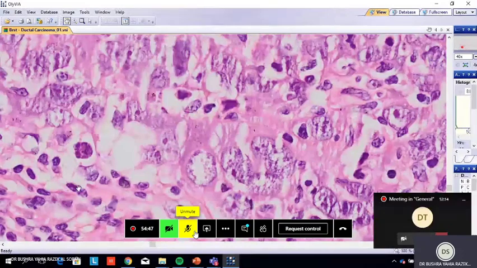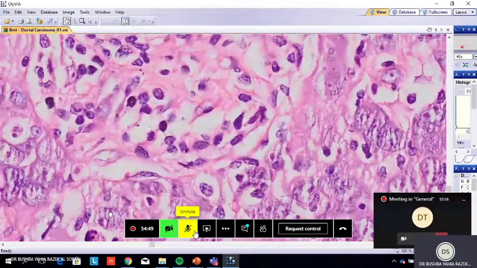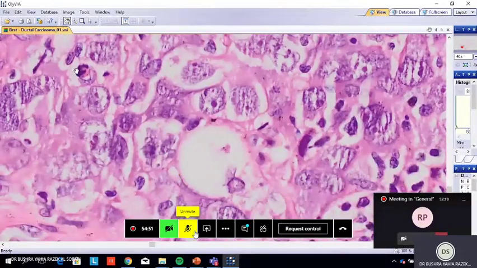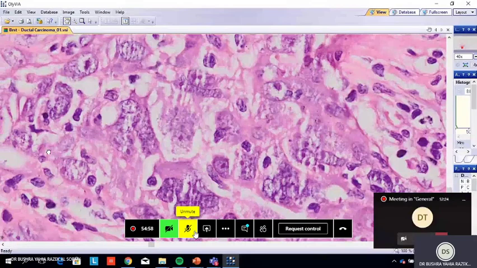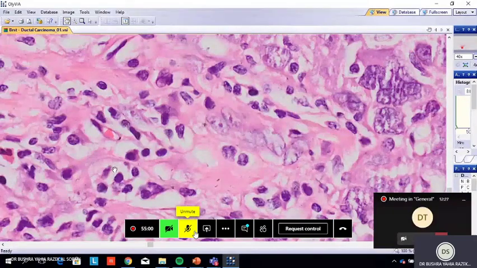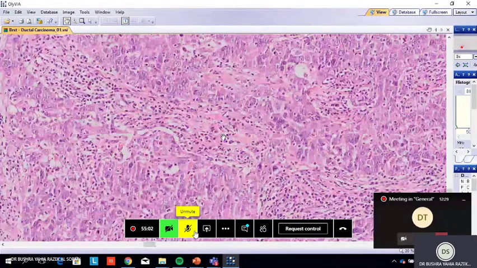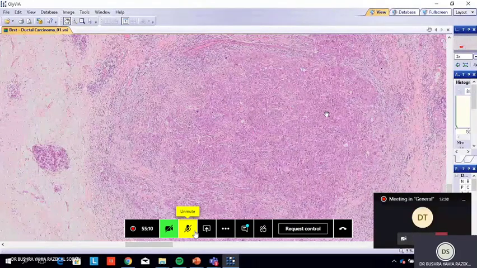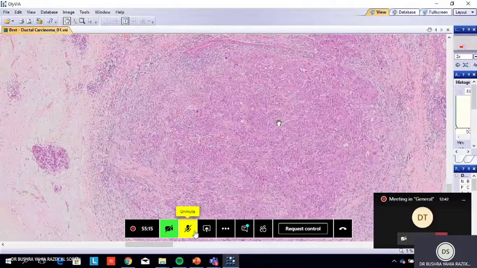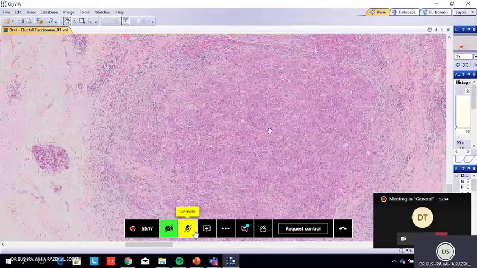Also 5 in 3. 6 in 4. So we have to move like this and calculate how many mitoses. You know, actually this tumor's mitosis is more than 20. So 3 plus 3 plus 3? 9. So which grade? Grade 3. Yeah, grade 3. Understood?